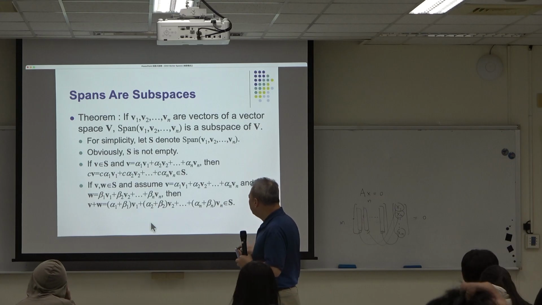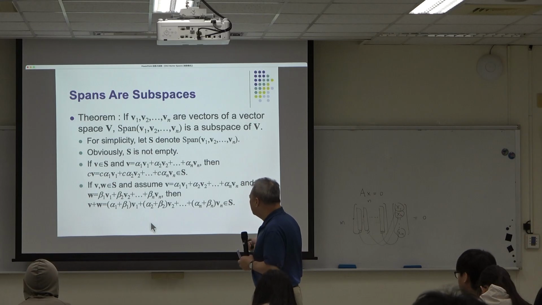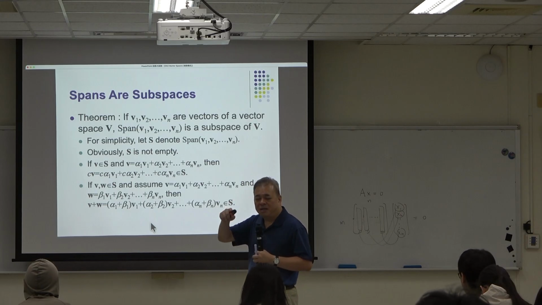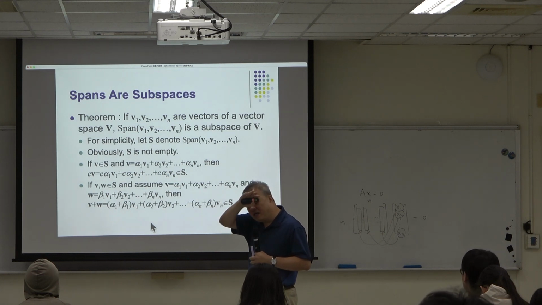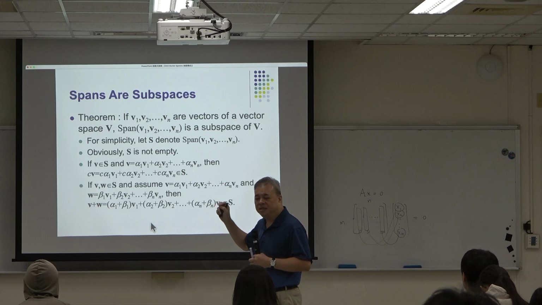So span b1 to bn is a subspace. S is just denoted as span b1 to bn. First, this S is not empty, because we just let alpha i be 0. So we know the 0 vector is in this span, right?